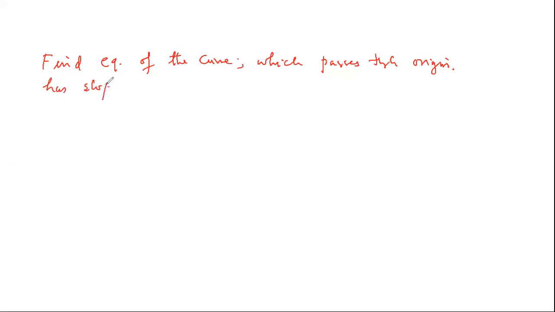That means anywhere you take the slope on this curve, it is x plus 3y minus 1. According to the coordinates x and y, the slope will change, and it is given by this formula at any point x comma y on the curve. You have to find the equation of the curve.